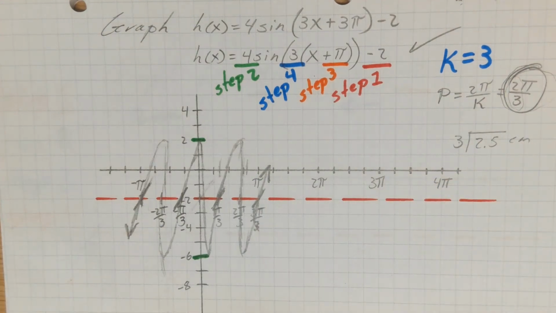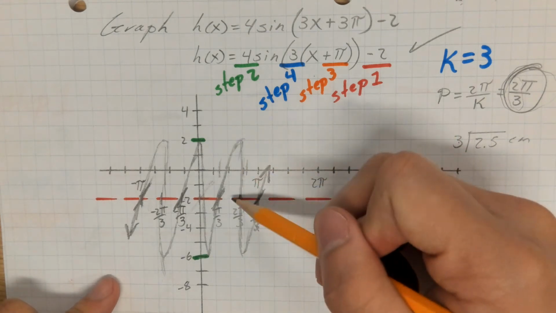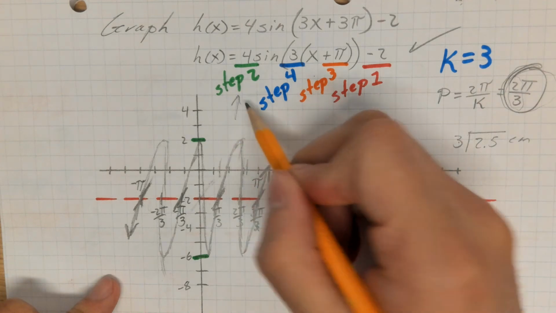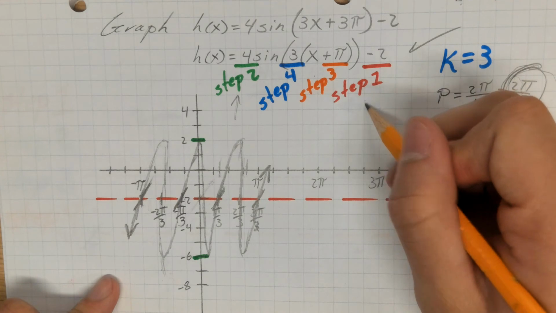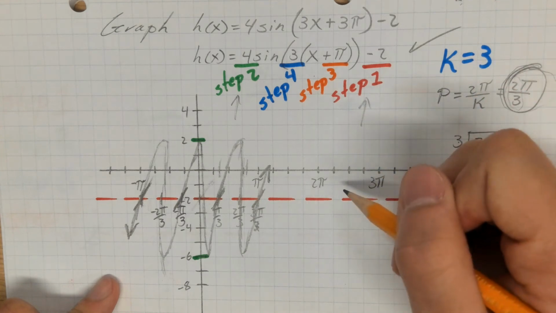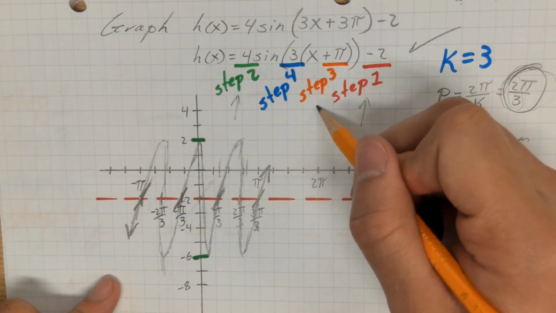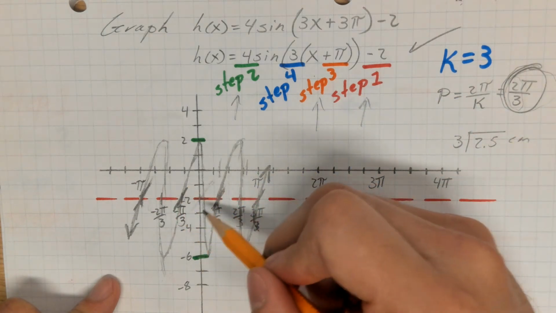So it's not a very pretty graph, but we technically got everything right. You can see my amplitude from the midline up is 4 units. That's my amplitude. My graph was shifted 2 units down. My graph was shifted pi units to the left.